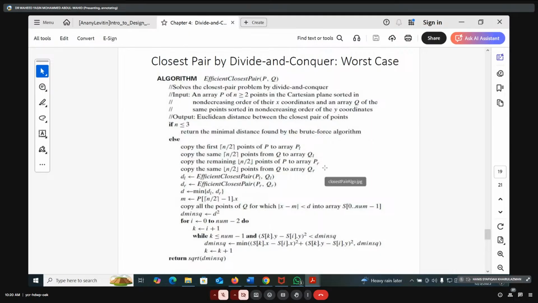So here we have P left, Q left, and P right, Q right. Okay, so here we have the points.